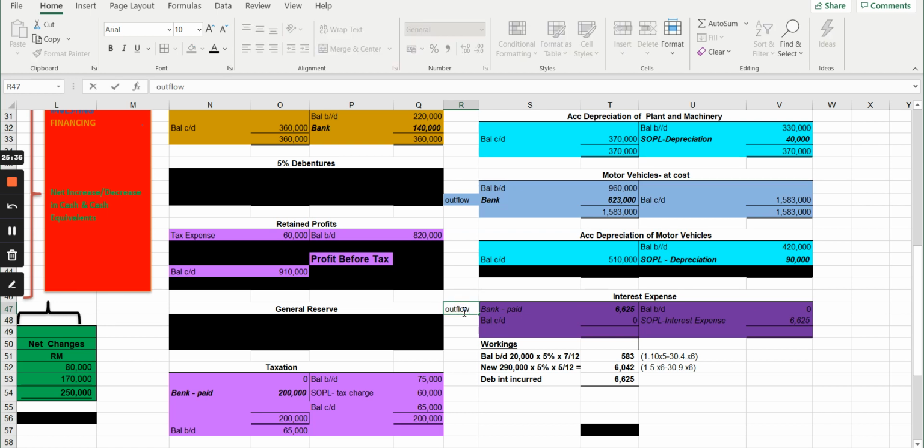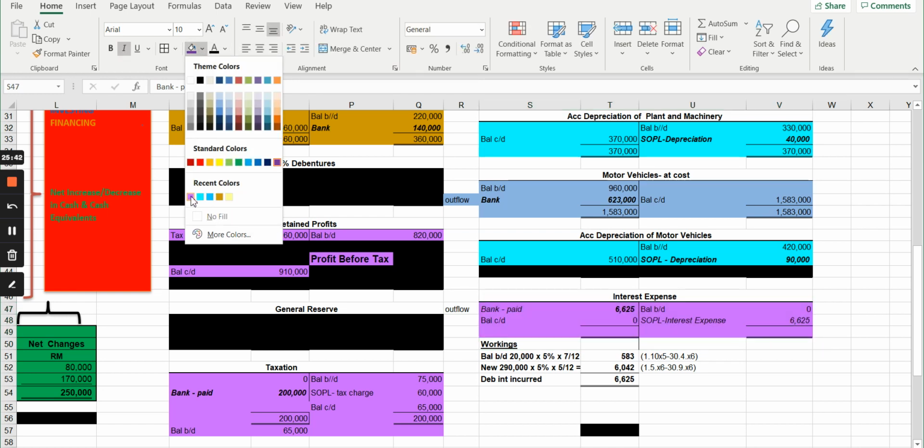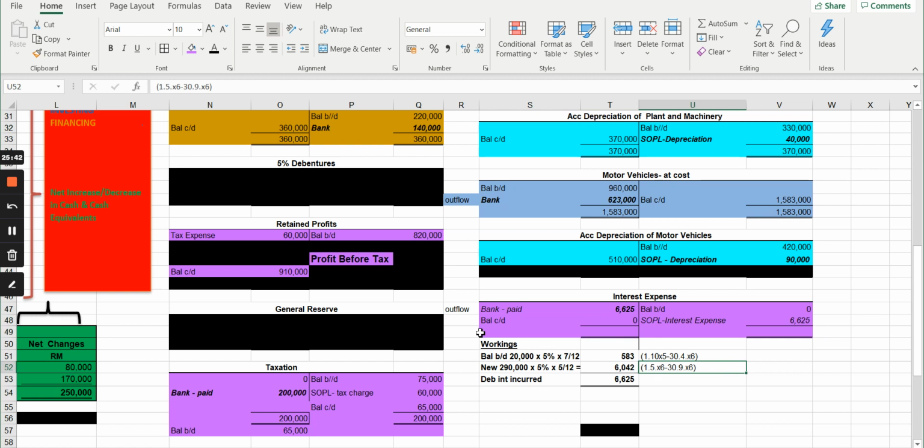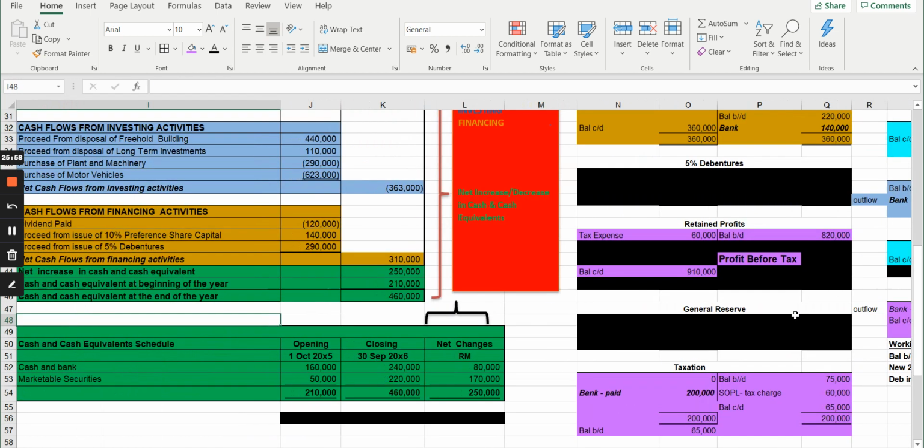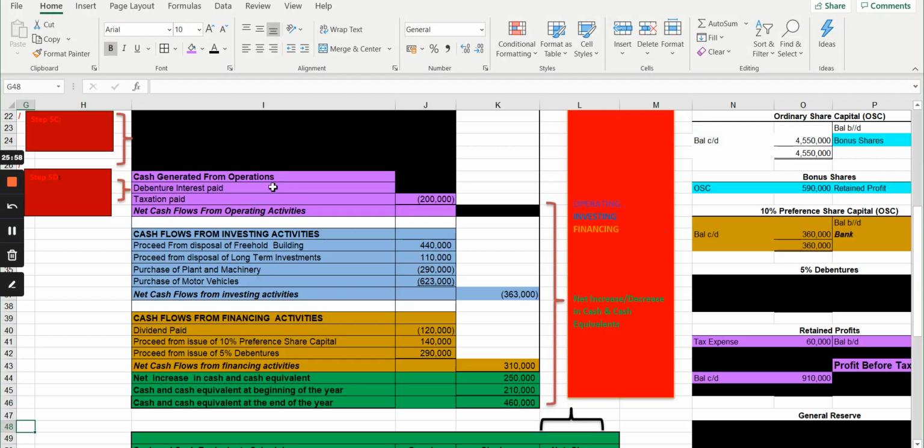Oh, this is too dark the color, so why don't I just use a little better option. Okay, this one is better. Okay, outflow. So bank, you will have to include that under your operating activities right after cash generated from operation, but this one should be included in the adjustment for interest.